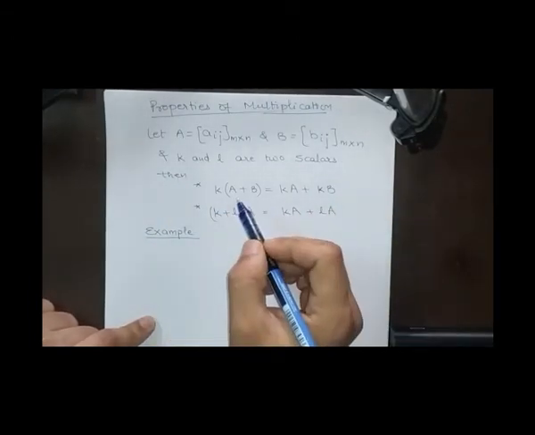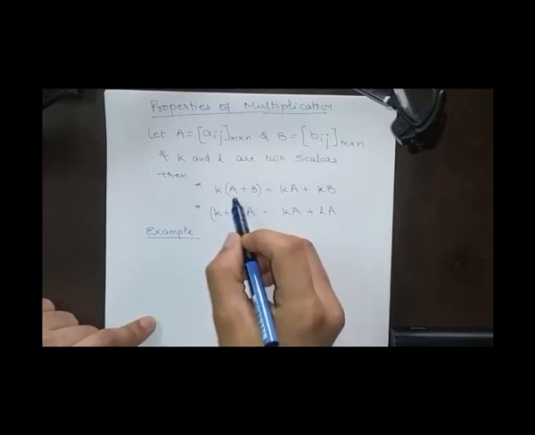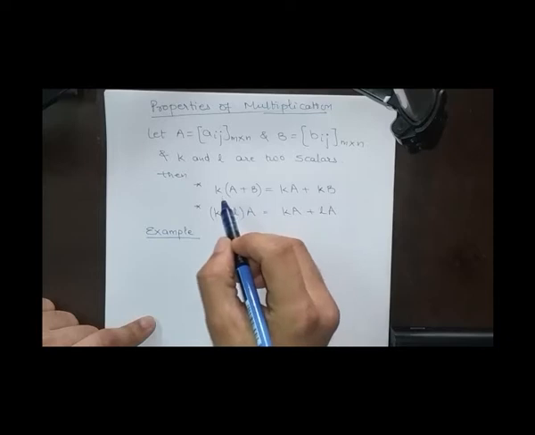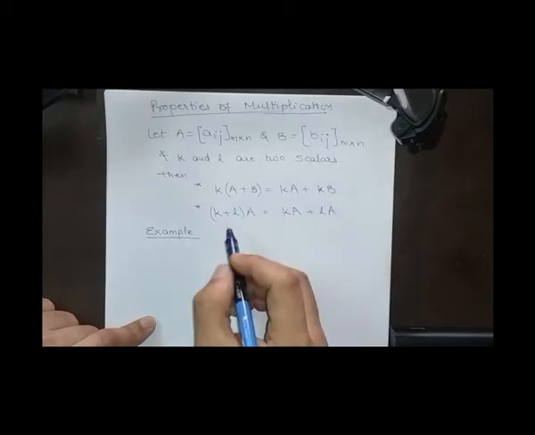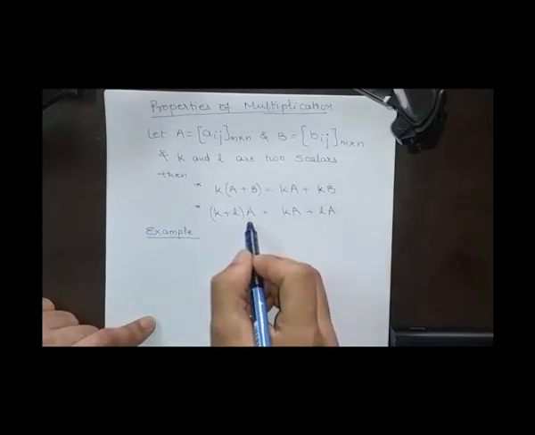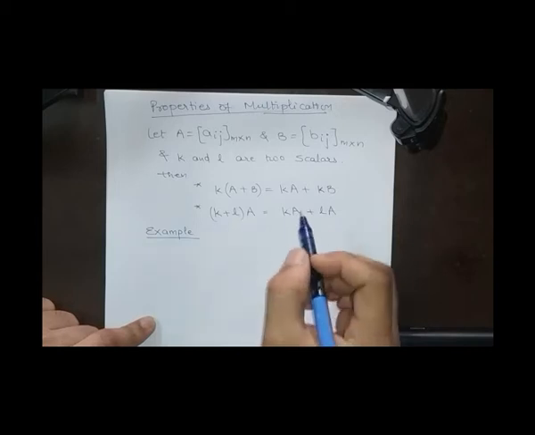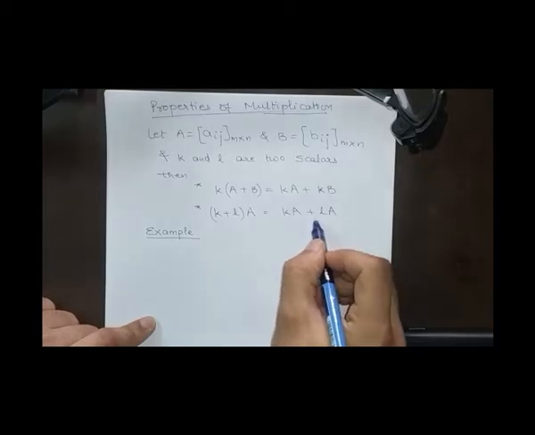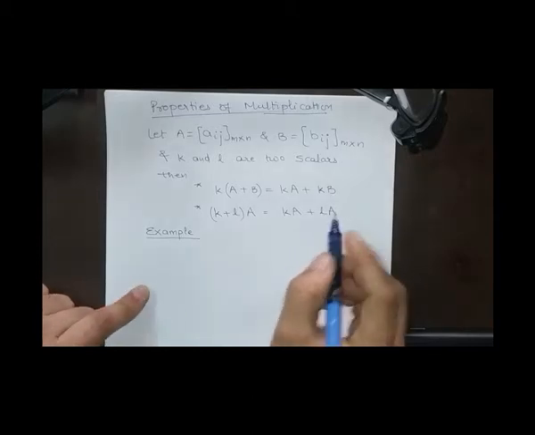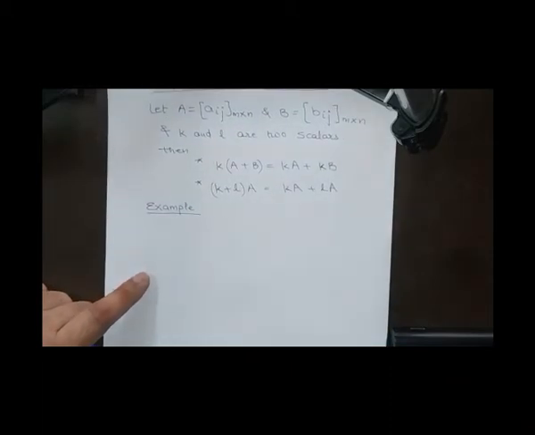Then the sum of A and B when multiplied with k, which is a scalar, becomes kA plus kB. Another property is when matrix A is multiplied with the sum of two scalars, then (k plus l)A is equal to kA plus lA, where k and l are both scalar quantities.